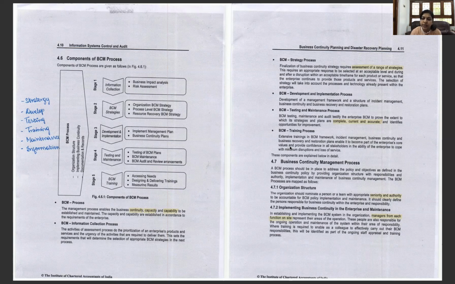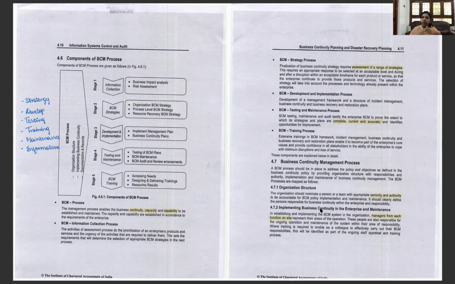Next is business continuity management process. Okay, so here we have the three other phases of BCM process: organization structure, implementing business continuity, documentation, and records. So I've already seen that it is a strategy process, the appropriate level of management should be giving the appropriate response.